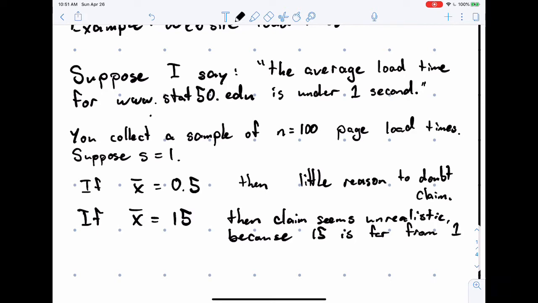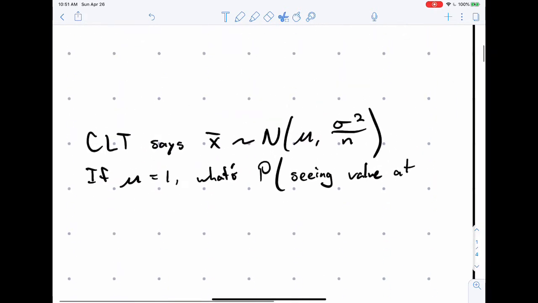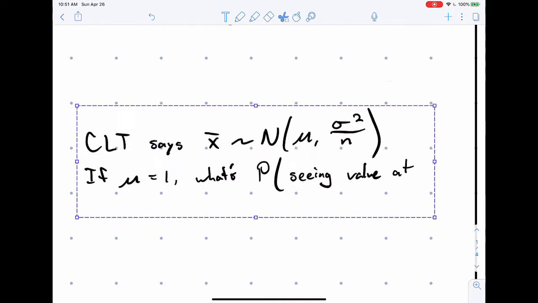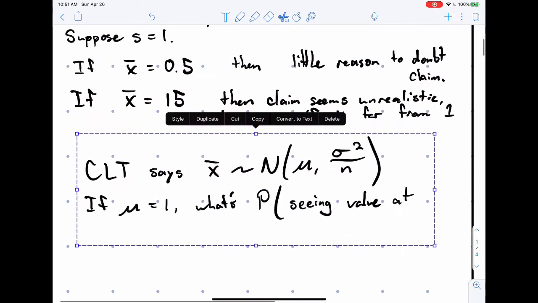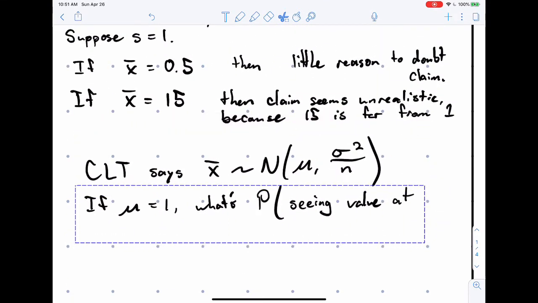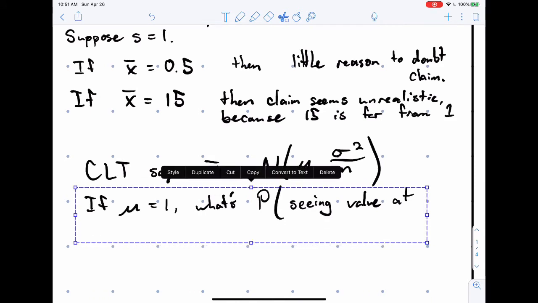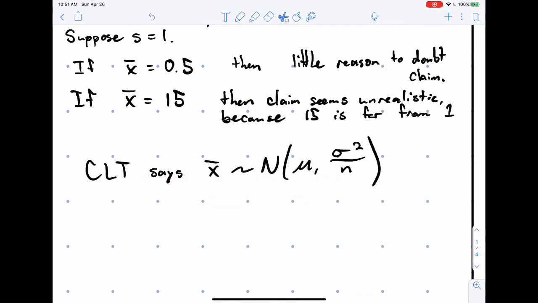So we can make this statement more precise using the central limit theorem. The central limit theorem gives the distribution for x bar. It's normal with mean mu and variance sigma squared over n. So in this case, we suppose that mu is equal to 1.